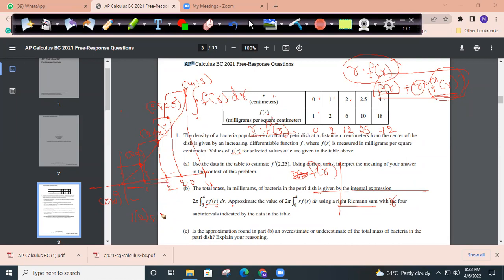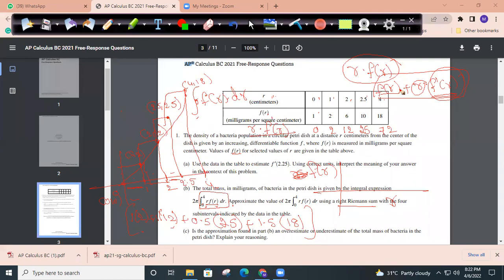What is my width here? 1. What is my height here? 12. 1 into 12. What is my width here? 0.5. What is my height here? 25. What is the width from 2.5 to 4? 1.5. What is the height here? 18. This is the integral of 0 to 4 r into f of r dr using the right Riemann sum.